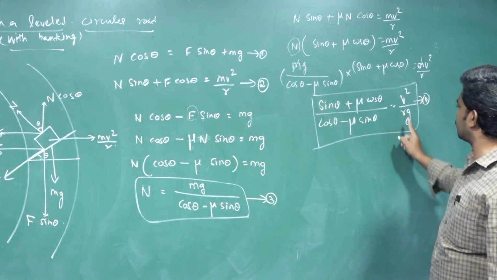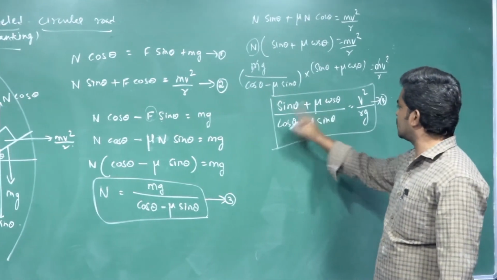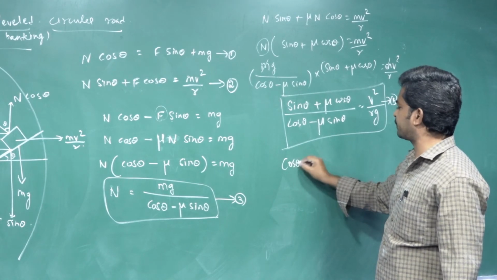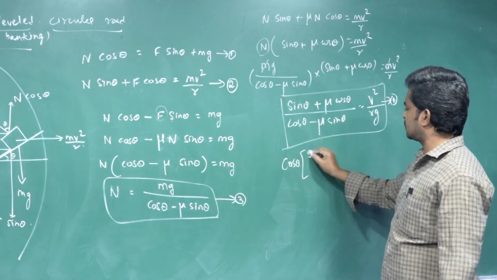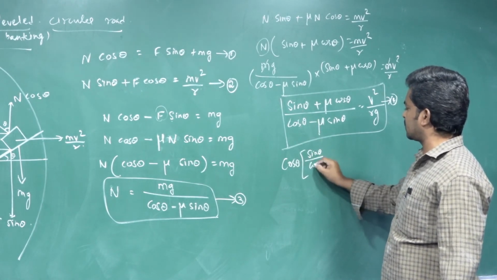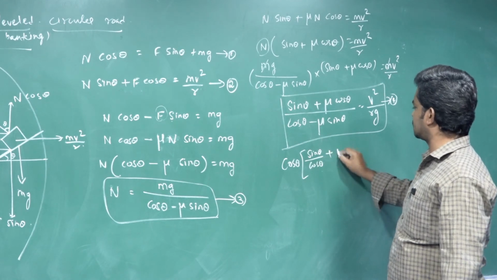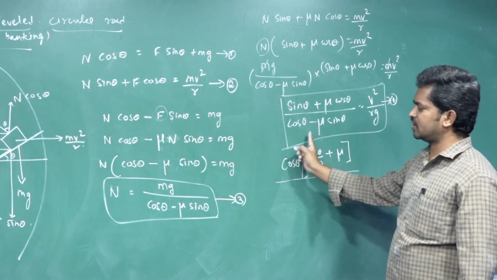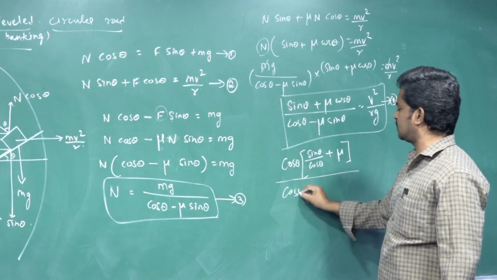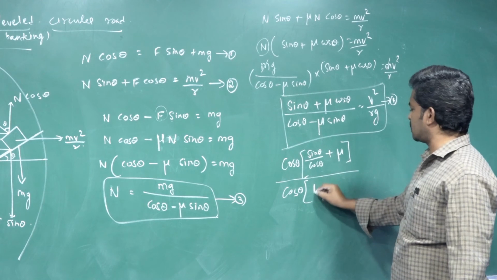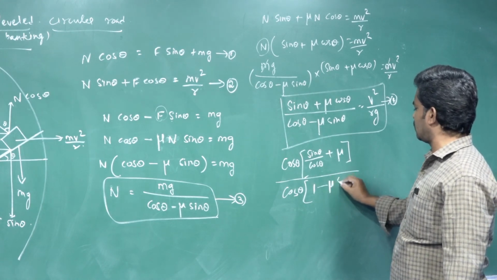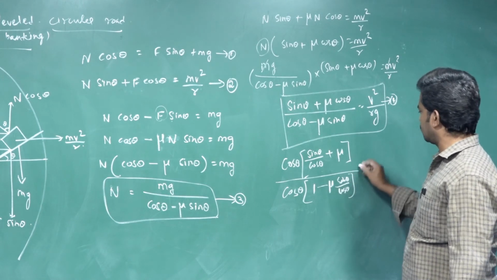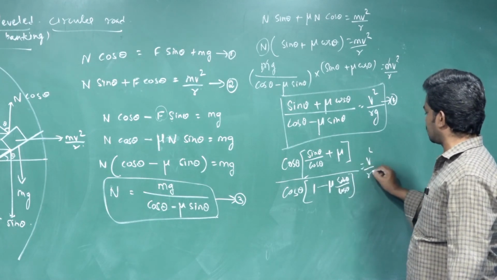So v square divided by rg. For convenience, take cos theta as common. Cos theta times sin theta divided by cos theta plus mu, and in the denominator, cos theta times 1 minus mu sin theta divided by cos theta, equals v square divided by rg.